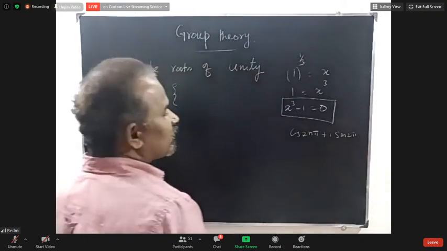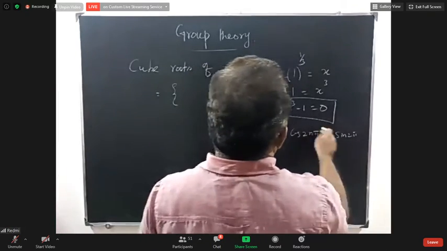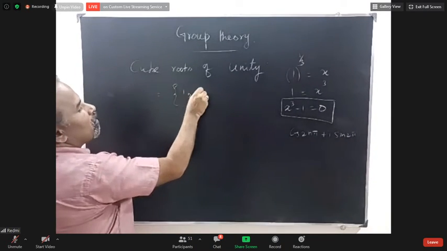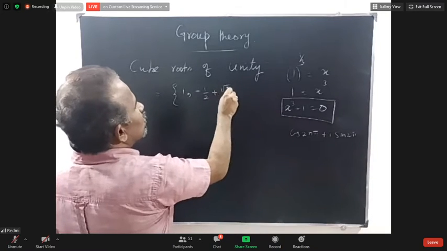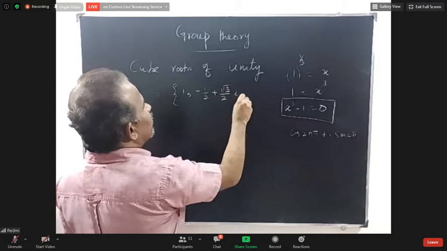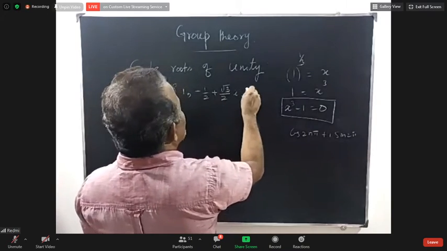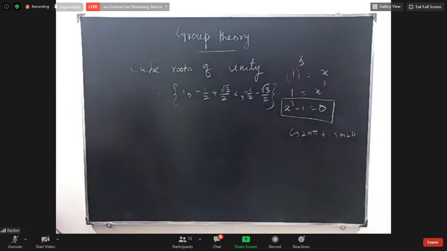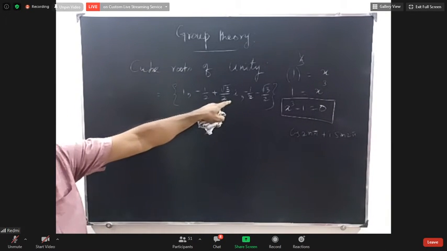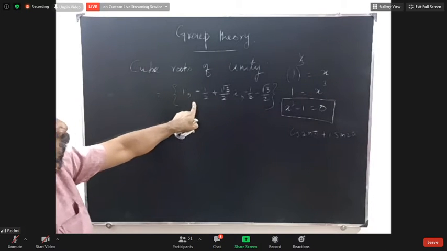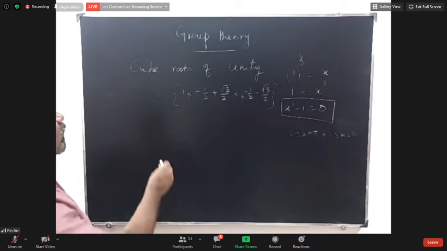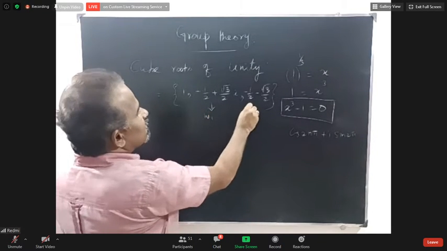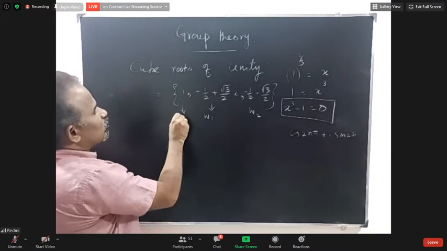So here we can say that the roots are 1, minus 1 by 2 plus root 3 by 2 i, and minus 1 by 2 minus root 3 by 2 i. So the set consisting of these is the cube roots of unity. There are 3 roots. Let us take them as W1, W2, W3.